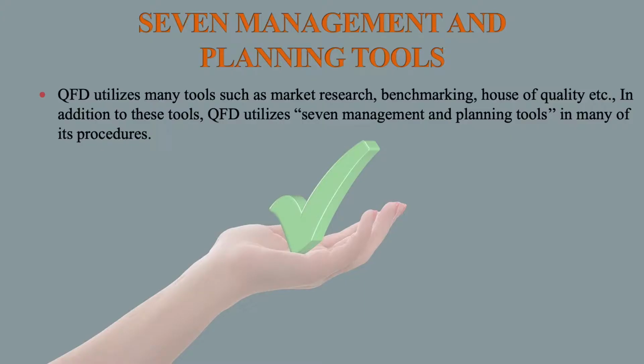The QFD, quality function deployment, utilizes many tools such as market research, benchmarking, focus, house of quality, etc. In addition to these tools, QFD utilizes 7 management and planning tools in many of its procedures.